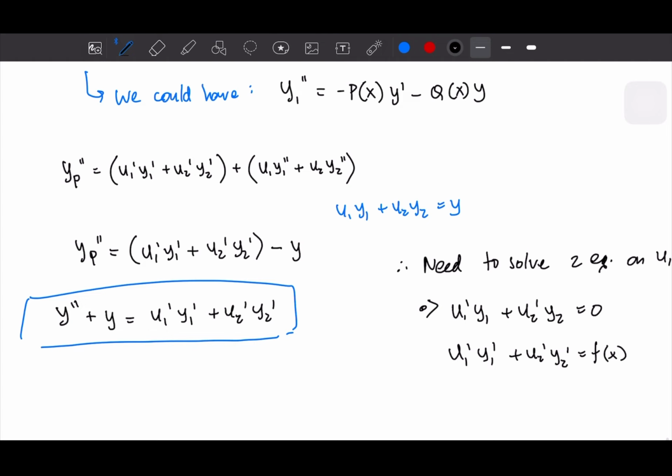Let me show you how. We haven't gone to the tangent yet. What we need to solve is these two equations. We need to find u1 and u2.